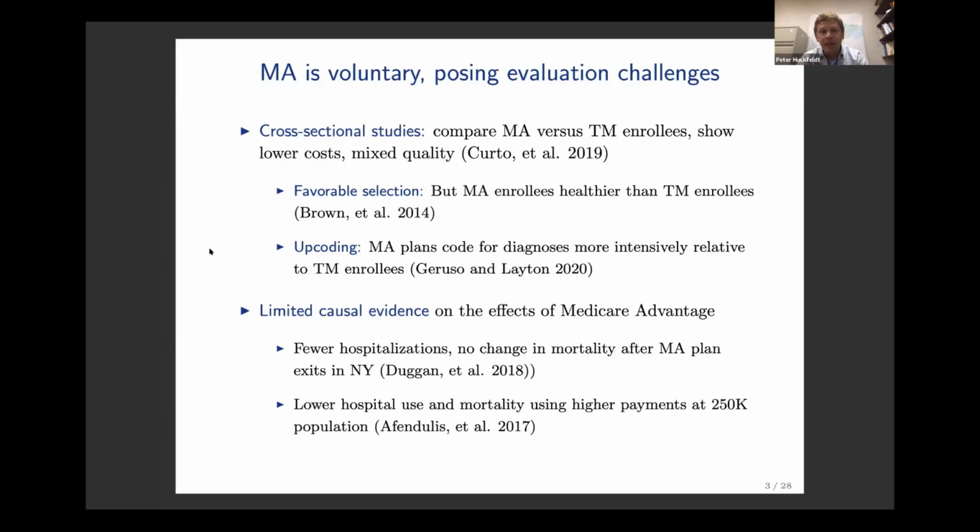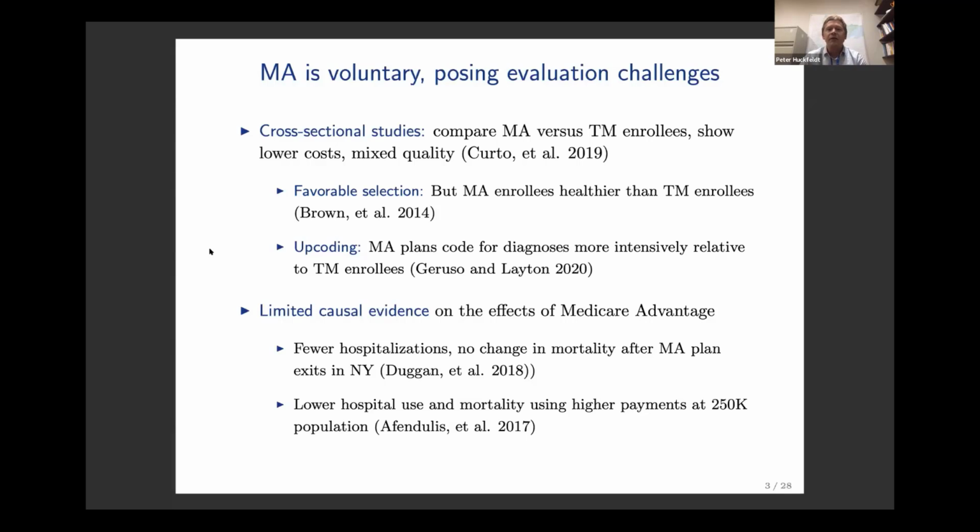And also, because of the way capitated payments work, Medicare Advantage plans are paid more if they code more diagnoses for their enrollees. As a result, you get more intensive coding of diagnoses for Medicare Advantage enrollees relative to traditional Medicare enrollees. And so making a cross-sectional comparison and controlling for health status is problematic as a result.